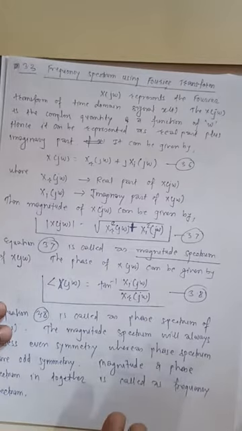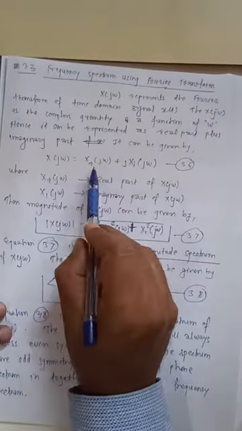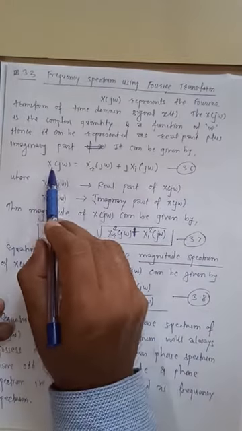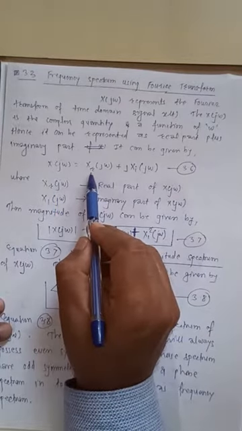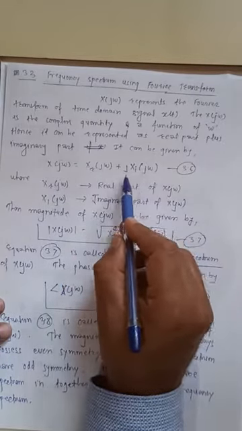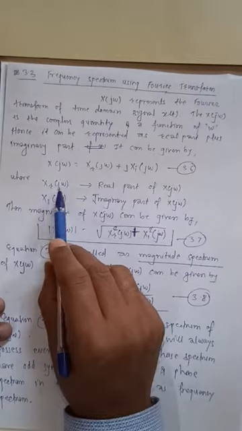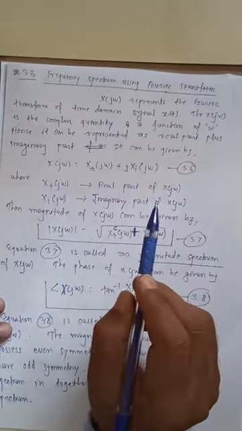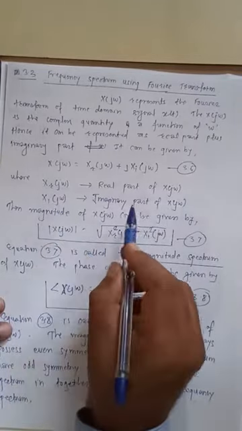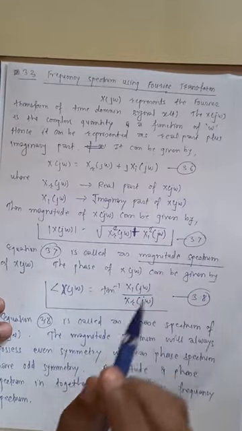As it is complex, we represent it in real part and imaginary part. x of j omega equals x r, where r stands for the real part, plus j times x i, where j indicates the imaginary part. So x r of j omega is the real part of x of j omega, and x i of j omega is the imaginary part.